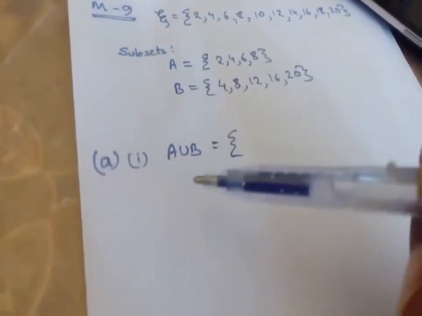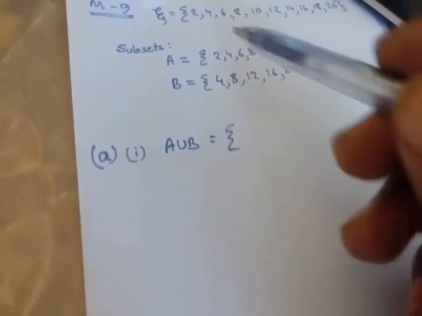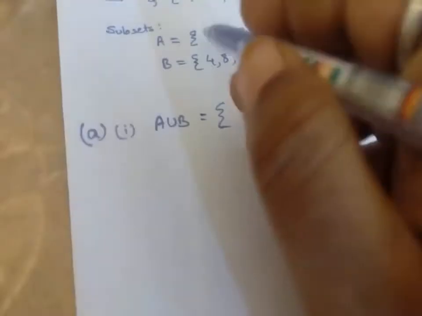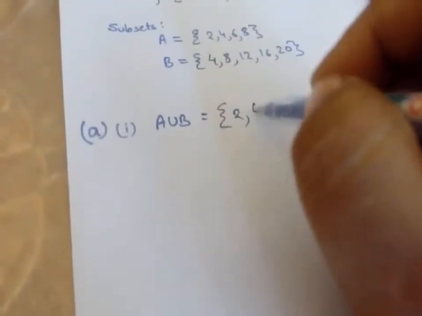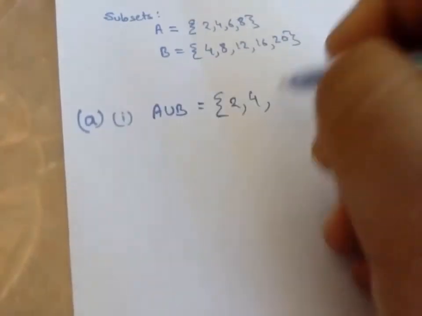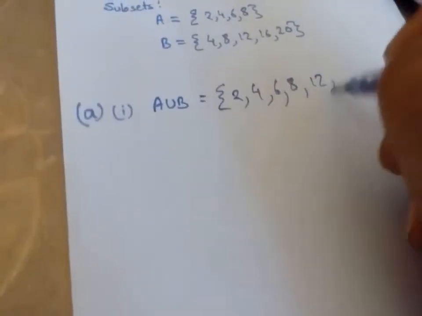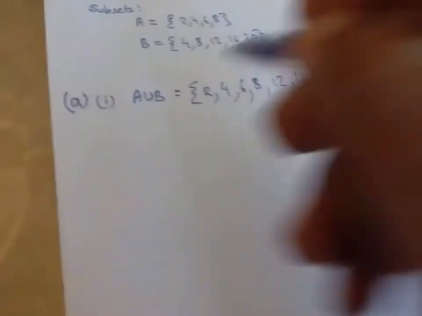So A union B is the set of all the elements contained in A and also in B. First of all we will write 2, 4 is common so we will write it only once, then 6, then 8 is common, only one time, then 12, 16 and 20. So A union B is this much.